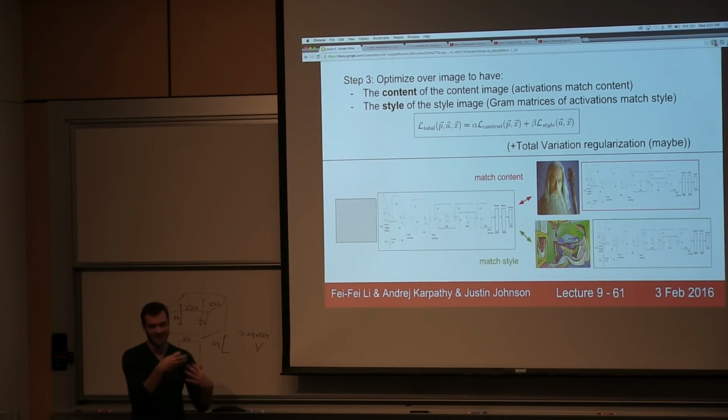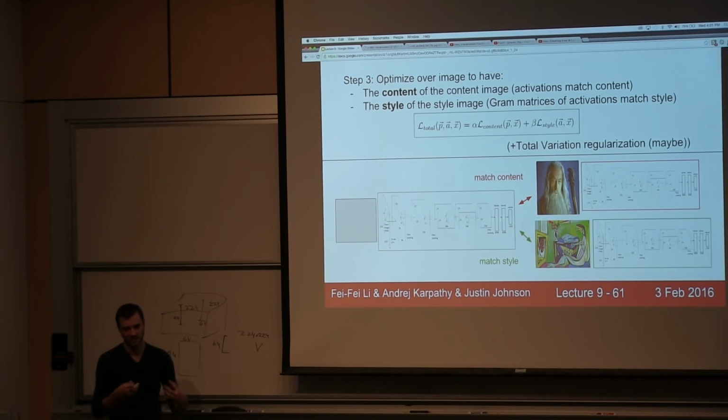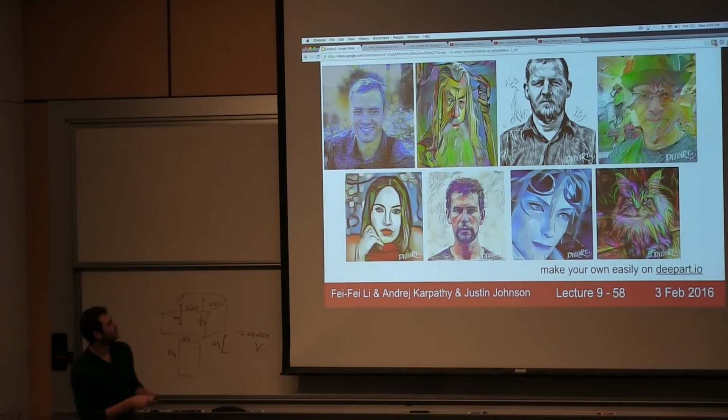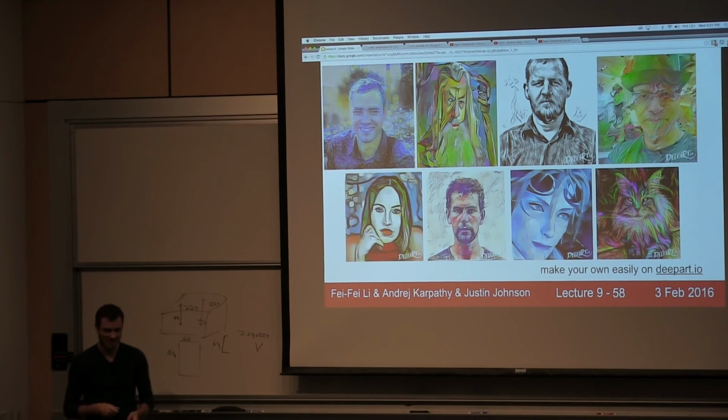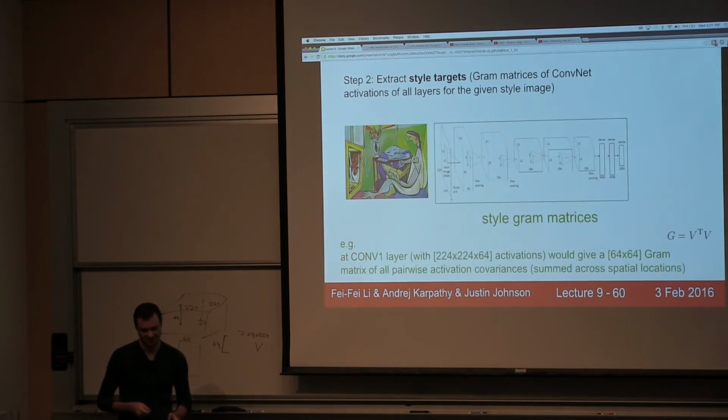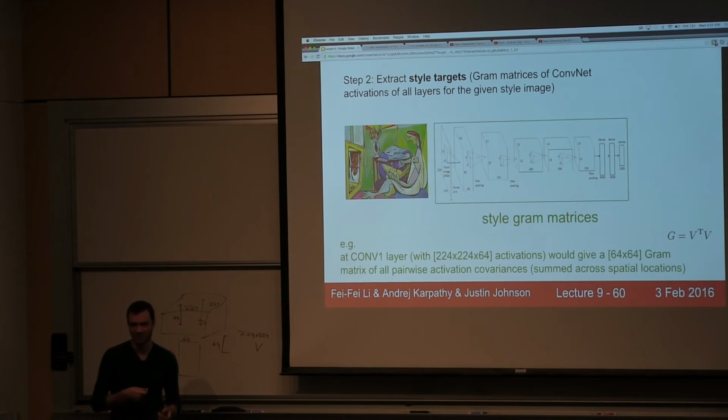It looks like a Picasso painting, but it's completely permuted because all the spatial information is not reconstructed very well. The style mostly tells you about the kinds of strokes that you have. Like here in the Van Gogh, these brush strokes are perfectly summarized, and the content part gives you the more global layout somehow. So a texture is better stored in these pairwise activations, is kind of the point there.